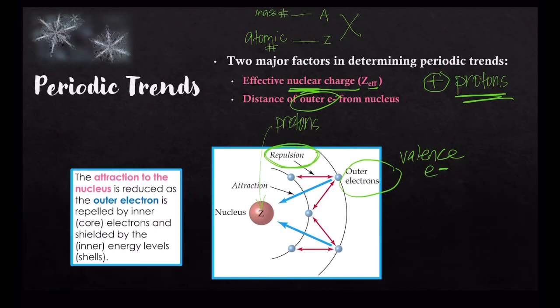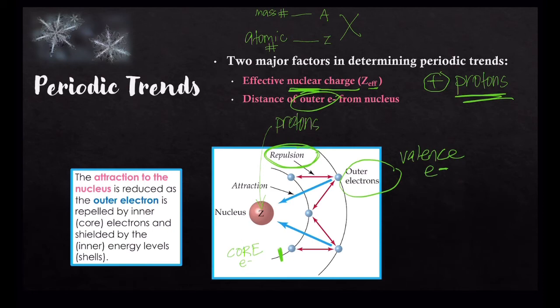So you can see on the inner energy level that's pictured here, I'm marking it right now with my green pen, this inner energy level, if there's one or if there are more than one of them, we call these inner energy levels the core of the atom. This is where the core electrons reside. When there are more core electrons present, there is more repulsion between them and the outer electrons.